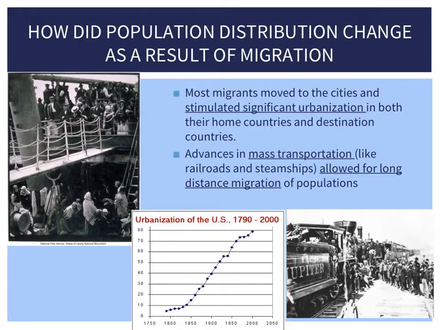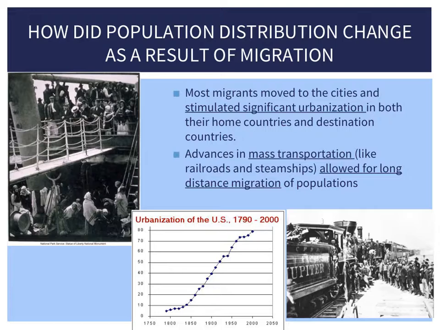And then another key factor is that by this particular time, because of the Industrial Revolution, there were new forms of transportation that allowed people to travel these long distances. If this had happened at a different time in history, the migration may not have occurred because they didn't have the same technology. So railroads enabled people to travel across continents.